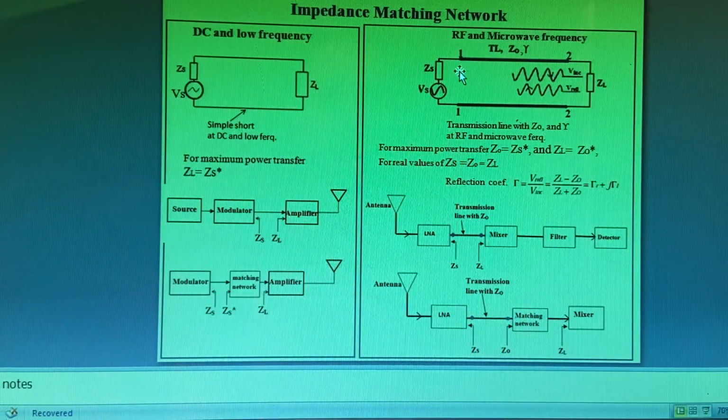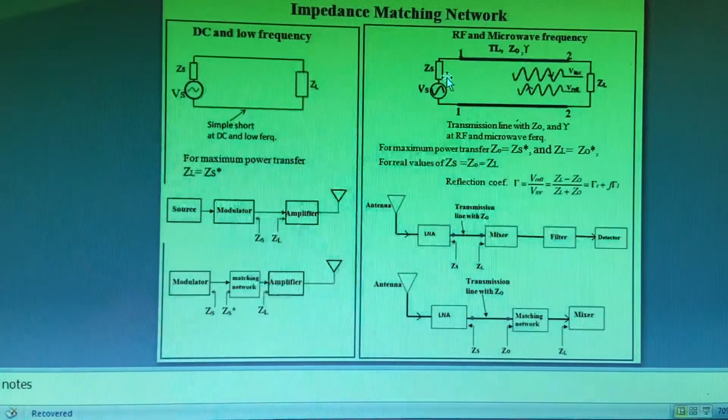Because of that, reflection also takes place at this position. So reflection will be there at the input terminal 1, and also at terminal 2. The loss will occur at input terminals as well as at output terminals. So maximum power will not be delivered to the load Zl.